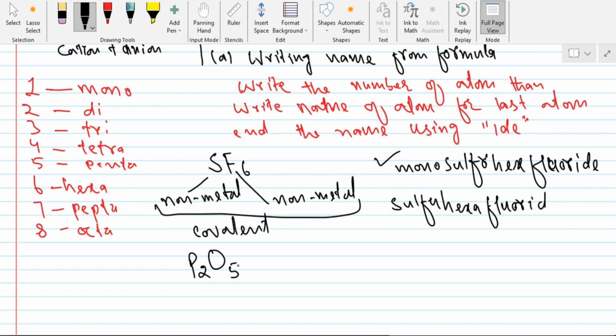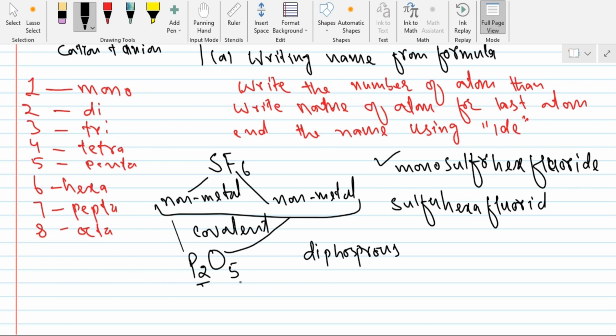P2O5. Phosphorus is a non-metal, and oxygen is also a non-metal, so the combination of non-metals is a covalent molecule, and we have to follow the rules for naming. How many phosphorus atoms do we have? 2, so we say di for 2, and the name of the atom is phosphorus: diphosphorus.